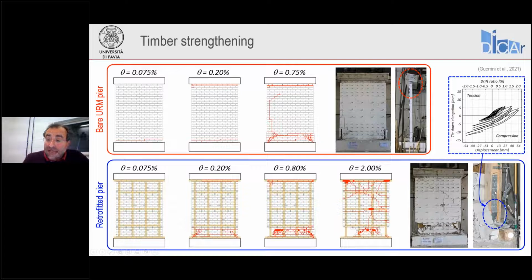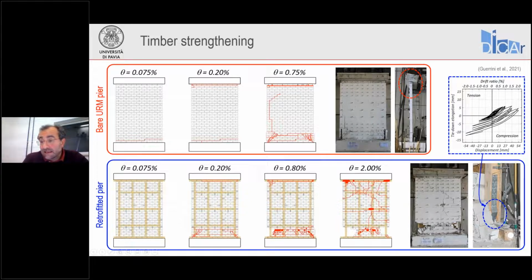Important is also to see what happened at the tie-down connections. Here at the base, you can see this buckled L-shaped connector. This is the response of the connector in its elongation, so the local vertical displacement measured by this potentiometer against the horizontal displacement.